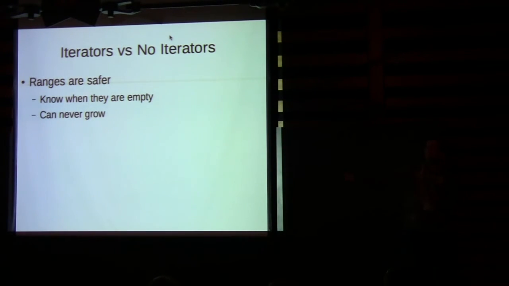Ranges are safer. A range knows when it's empty because it has a primitive that says, am I empty? And you can always, in your drop front, just say, assert not empty. If you have iterators, well, you can put in a reference back to the underlying range.